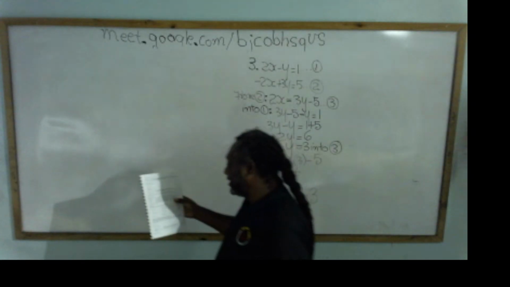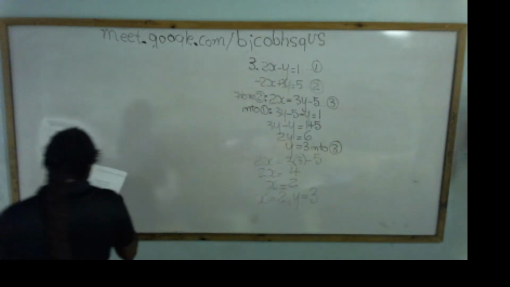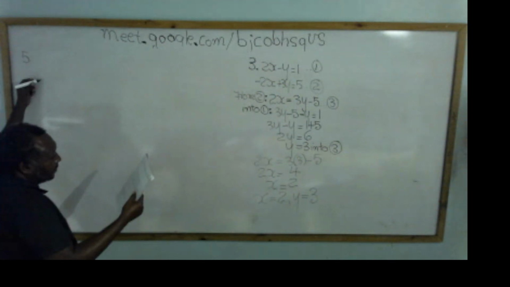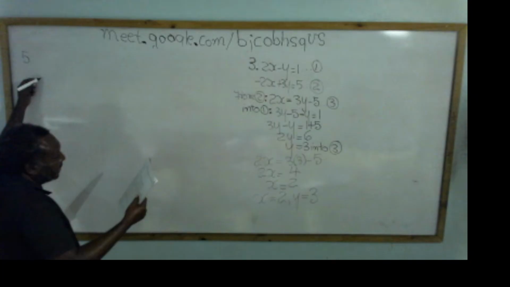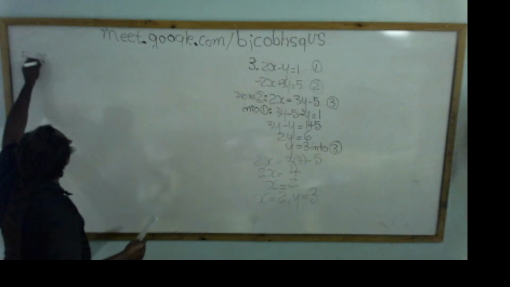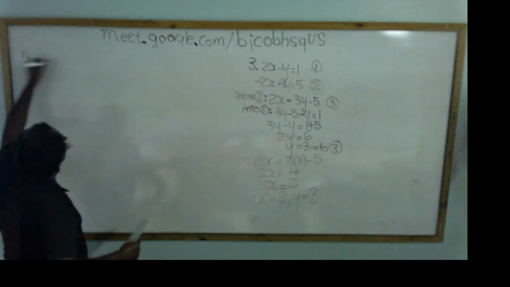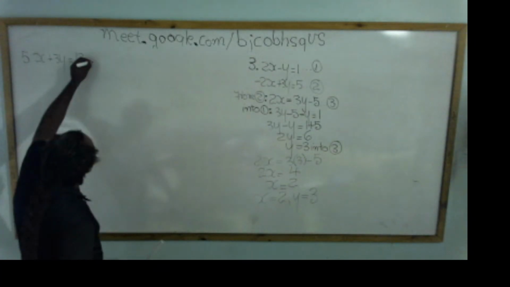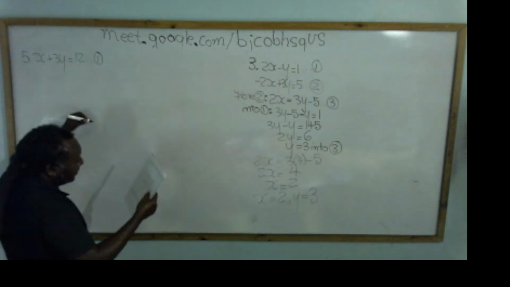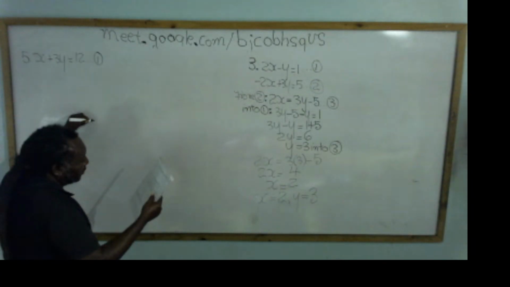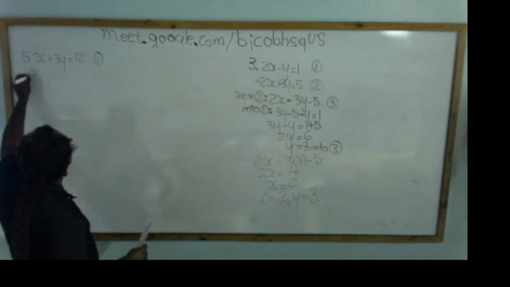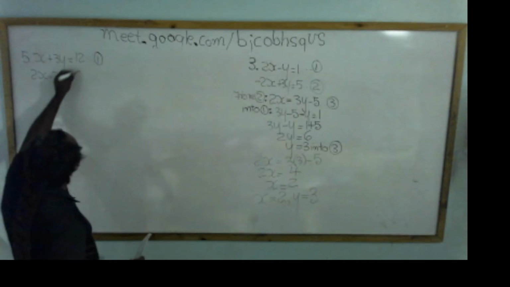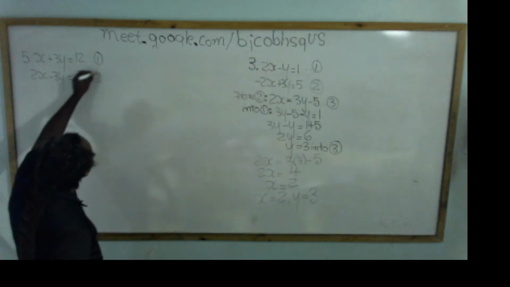Let's continue. Number 5. x plus 3y is equal to 12. That is equation 1. And 2x minus 3y is equal to 6. That is equation 2.